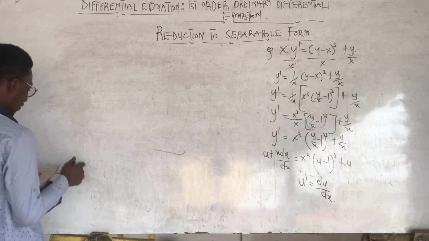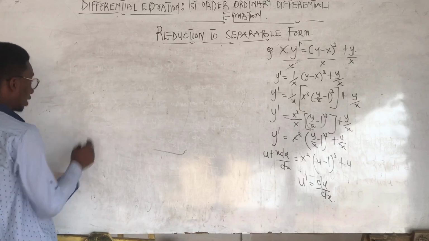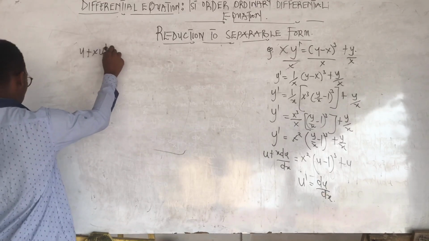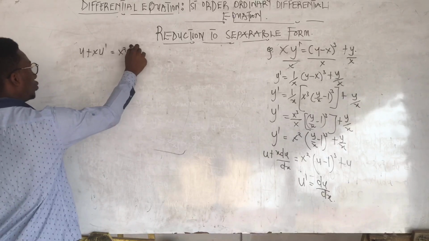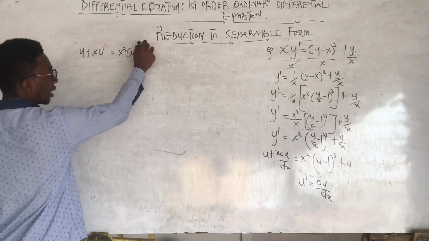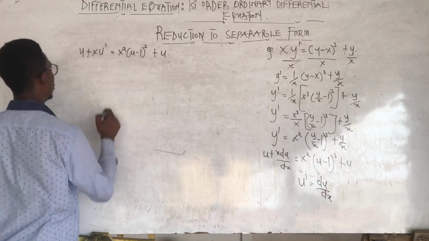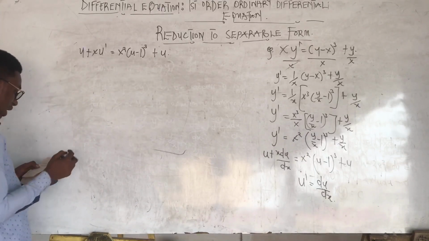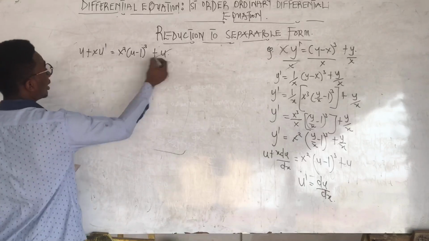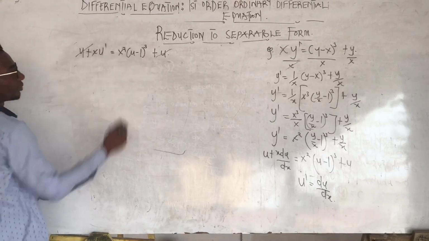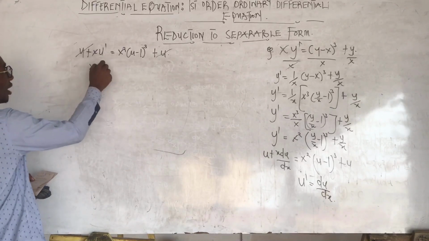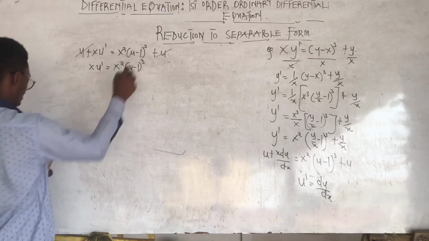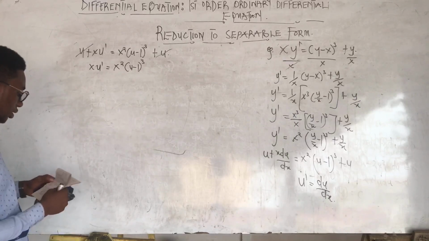So when you have that, you get u plus x u prime equal to x squared (u minus 1) cubed plus u. Now you can cancel the u on both sides by subtracting, so you get x u prime equal to x squared (u minus 1) cubed.